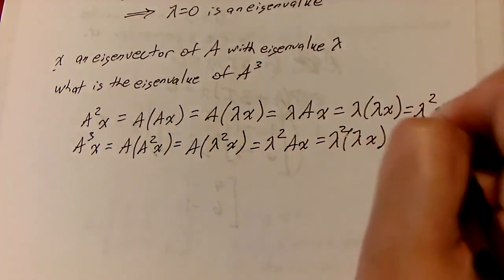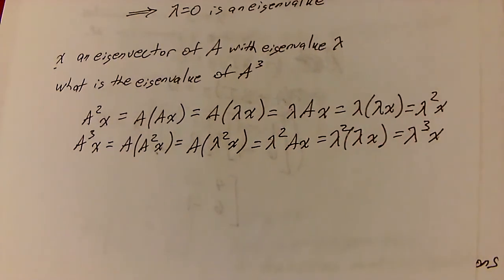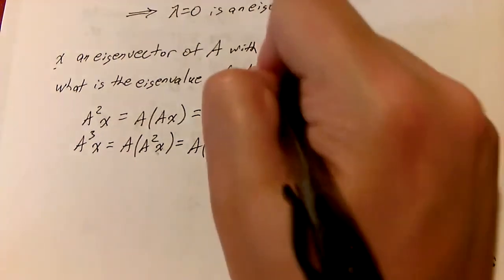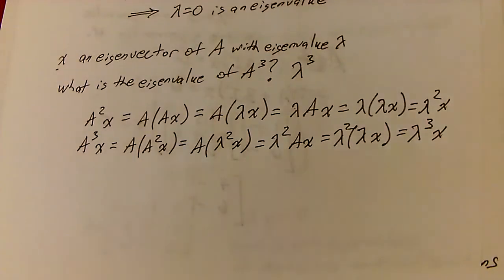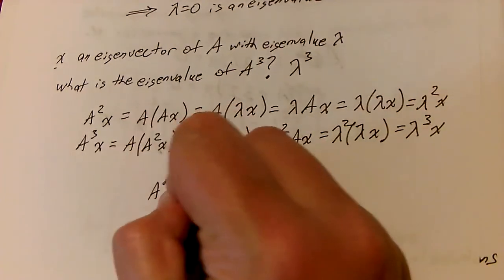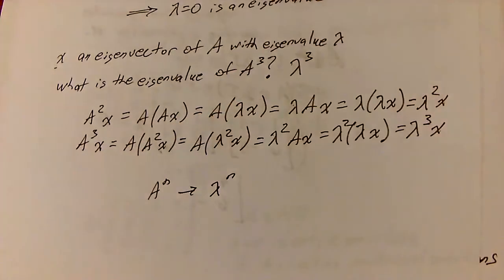So this is lambda cubed x. So if I apply powers to matrices, I can apply those same powers to the eigenvalues and find the corresponding eigenvalues for the new matrix. If I have A with eigenvalue lambda, then for A cubed the eigenvalue is lambda cubed. If I have A to the n, it has eigenvalue lambda to the n power.